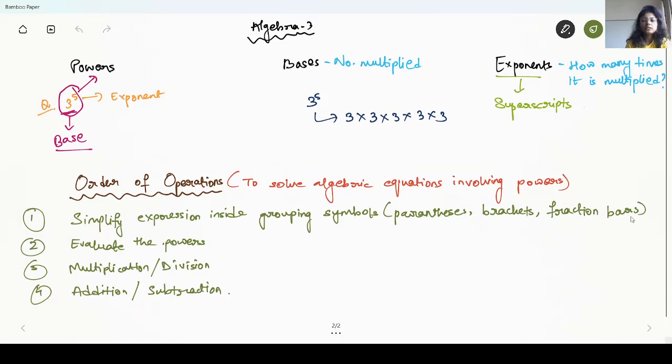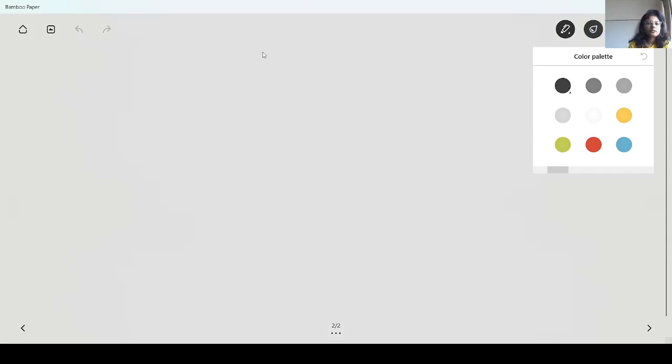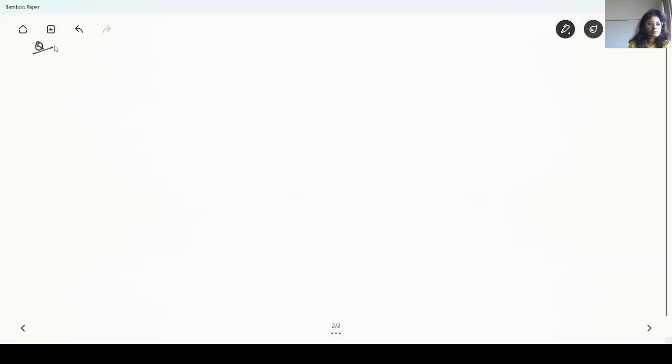Let's take the question: a cube minus b squared plus c over a plus ab plus c, given that a equals 4, b equals negative 3, and c equals 7.